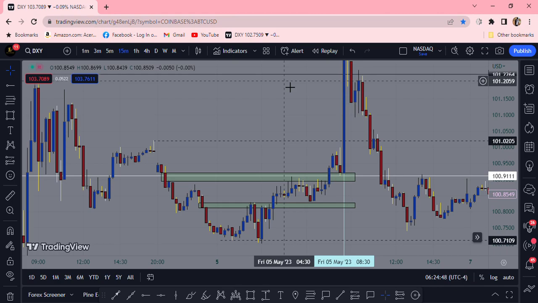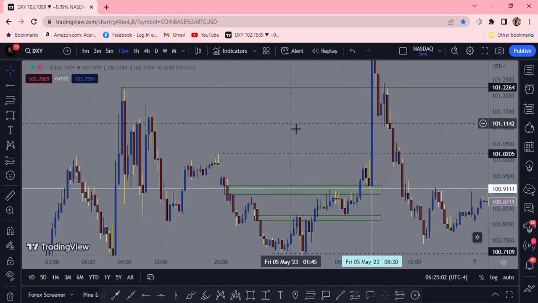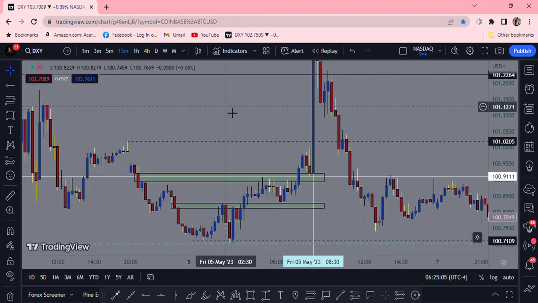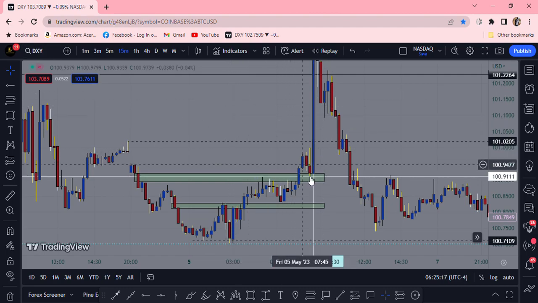So when we anticipate the DXY to be bullish, the Euro USD pair goes down. It's the same with, for example, the USD JPY. Since we anticipated the DXY to go up, the USD JPY pair goes up.